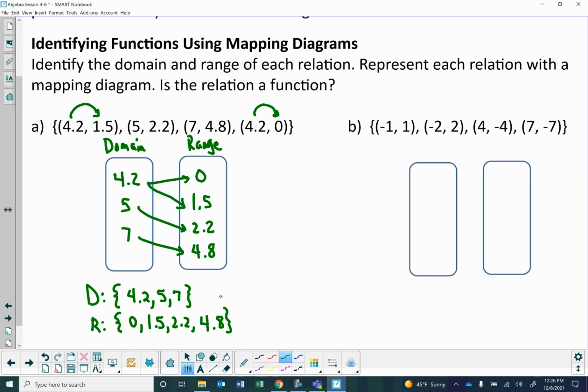Therefore, this is not a function because the domain of 4.2 is mapped to two different range values. So it is not a function.